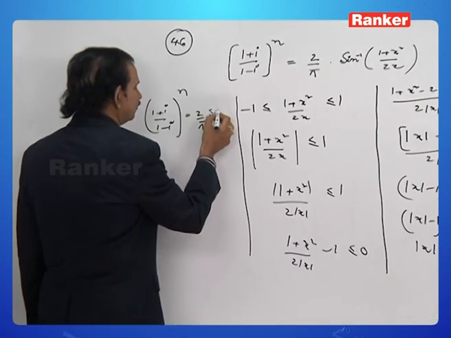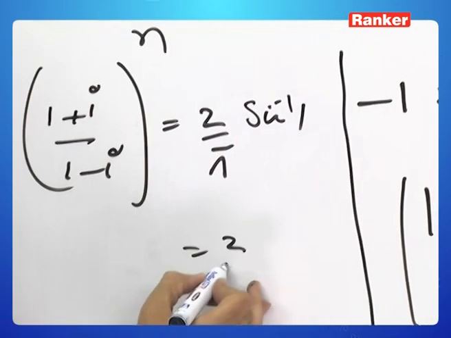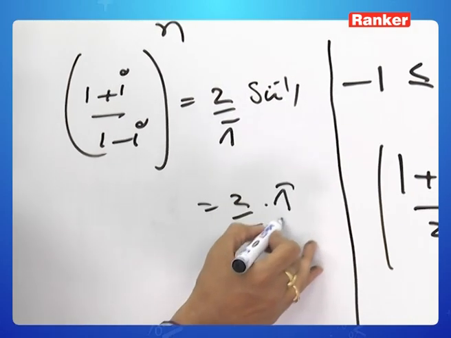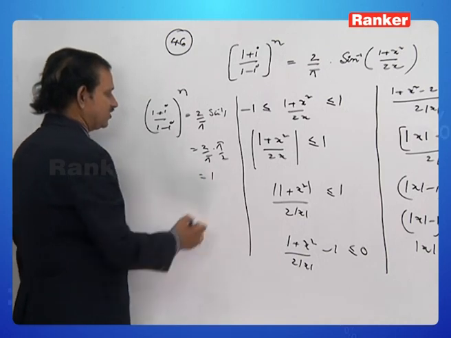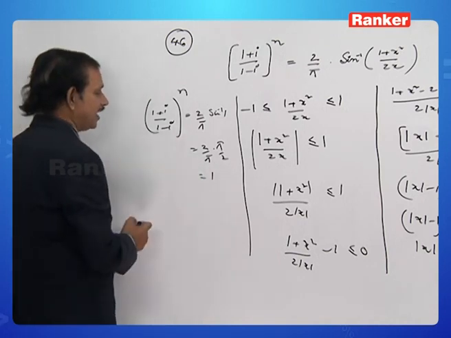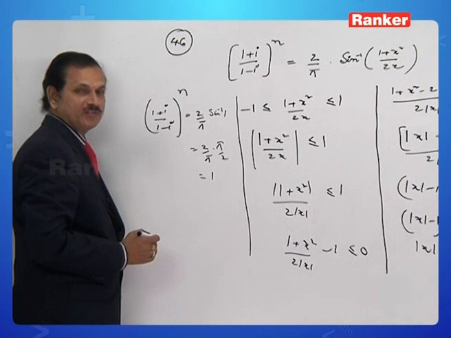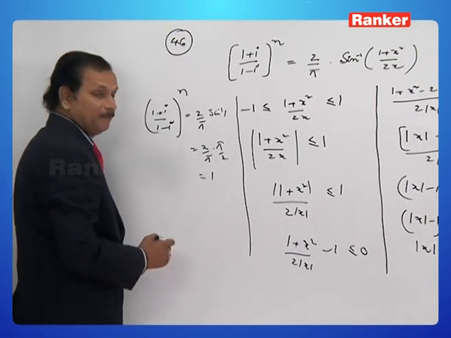Sine inverse 1. What is sine inverse 1? Pi by 2. 2 by pi into pi by 2, what is that? 1. 1 plus i by 1 minus i whole to the power of n is 1.